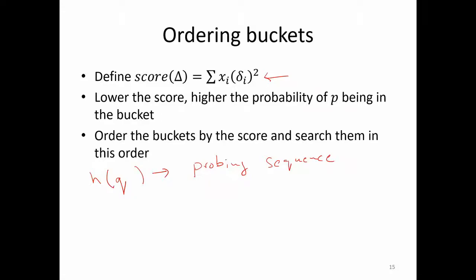So it's multi-probe, hence the name, because you're probing multiple times and multiple buckets. You need a probing sequence for nearby buckets. How are the nearby buckets determined? They are determined using this vector delta. This vector delta basically embodies all nearby buckets, including the original bucket H of Q, which corresponds to 0, 0, 0, all zeros.